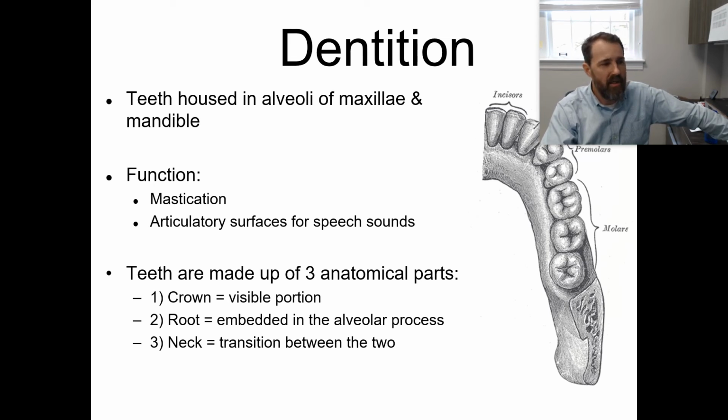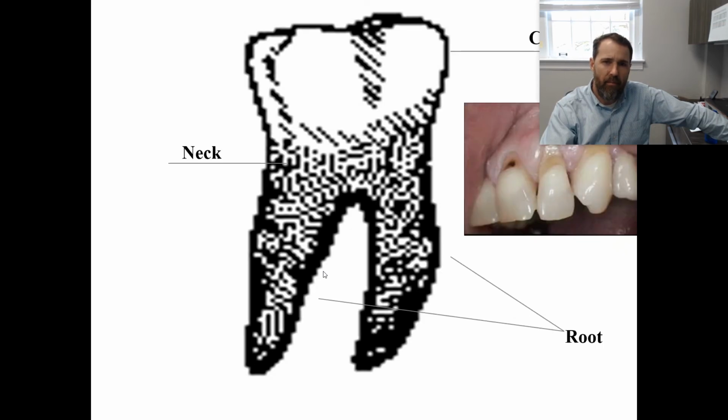So you have two sets of teeth. You have your mandibular teeth, and that is the teeth that is set in your mandible. And you have your maxillary teeth, and those are your teeth that are set in your maxilla. If you looked at the tooth itself, we break it down into the crown, the neck, and the root.